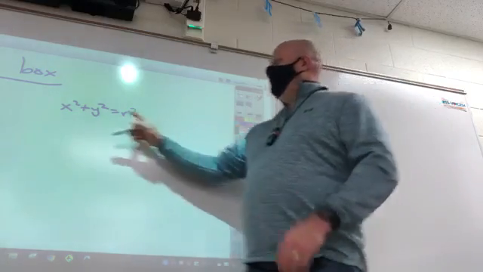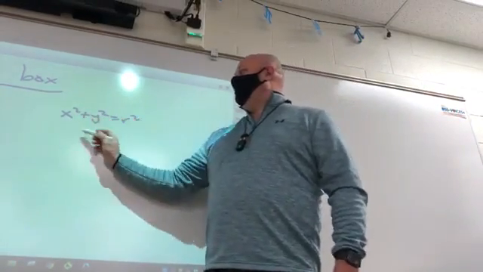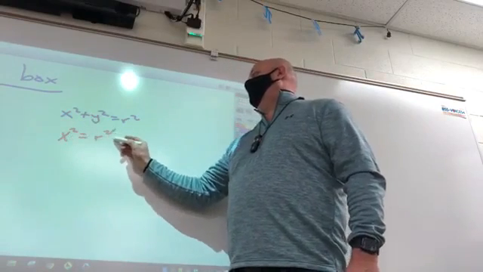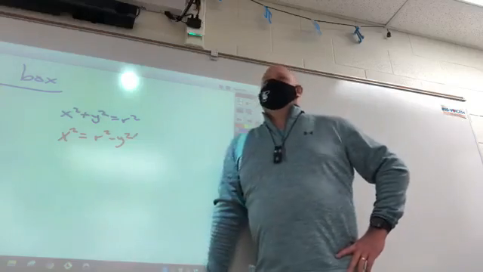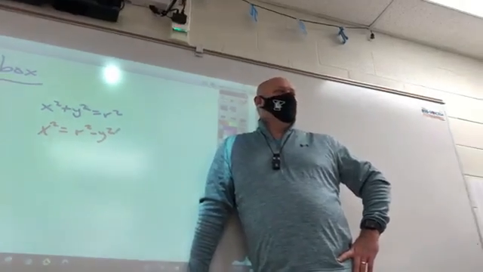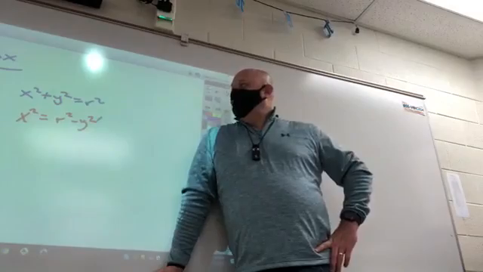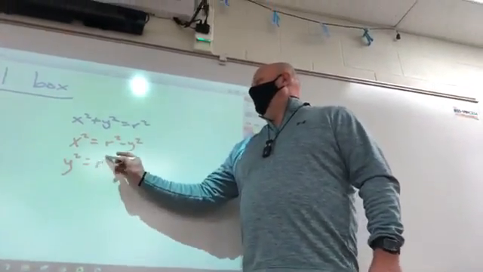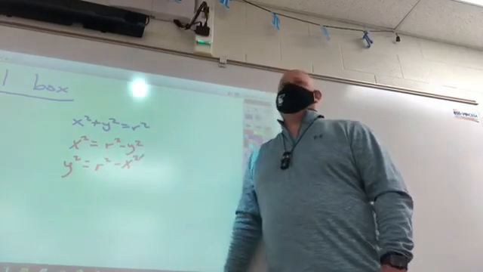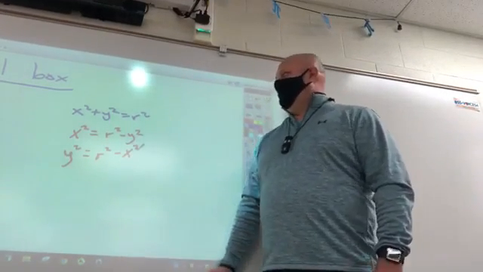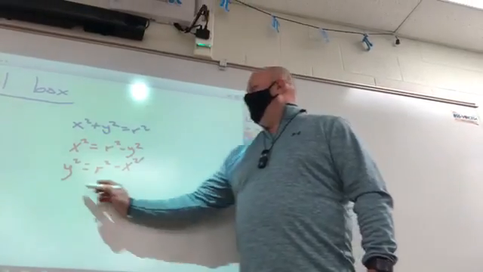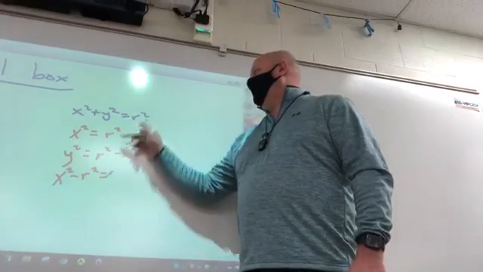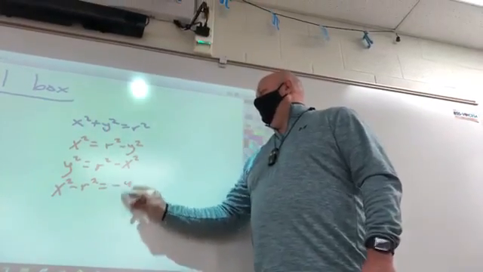Would you agree that this is the same thing as x squared equals r squared minus y squared? Are those two equations the same equation? Is it the same thing as y squared is equal to r squared minus x squared? Is it the same thing as x squared minus r squared is equal to negative y squared?